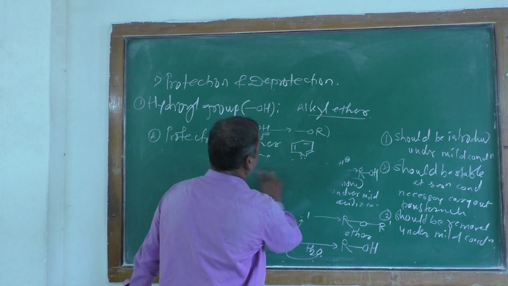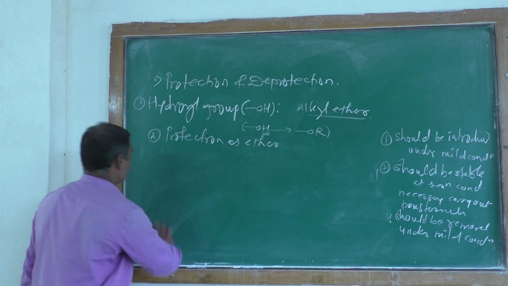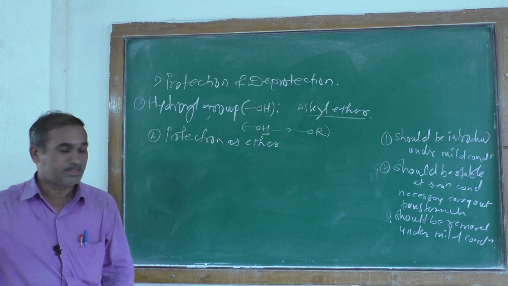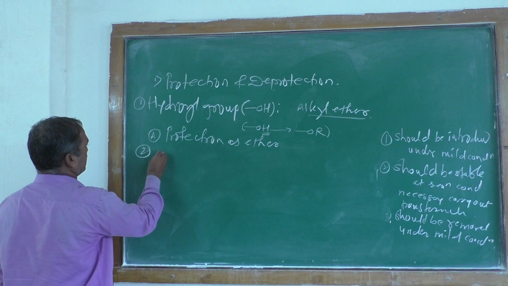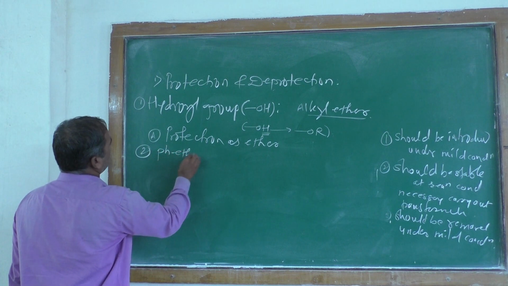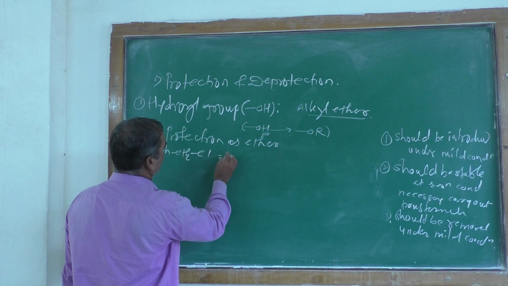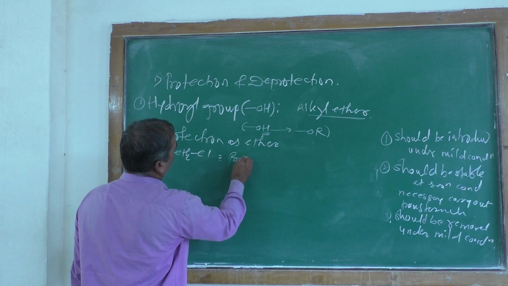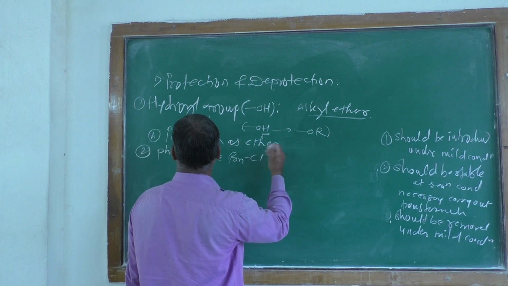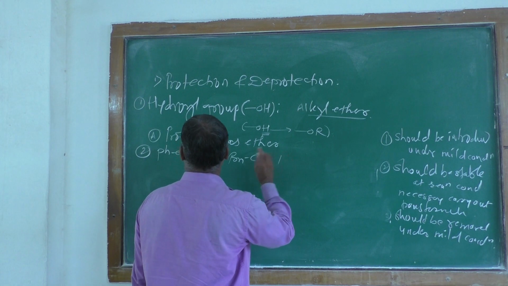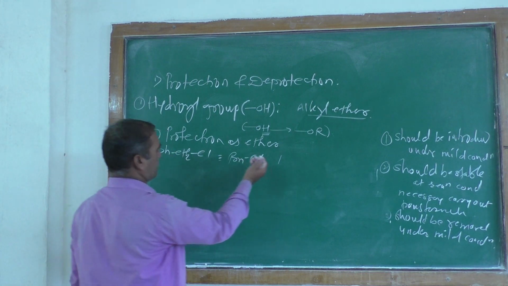Here the second one is PhCH2Cl, which is known as benzyl chloride, or in short we can write BnCl. The name of this reagent is benzyl chloride.